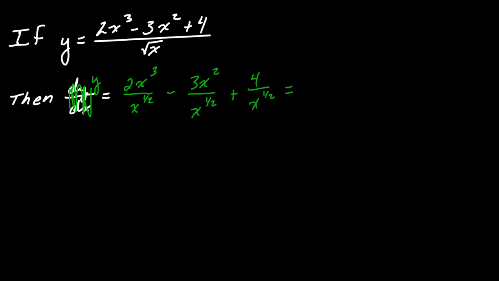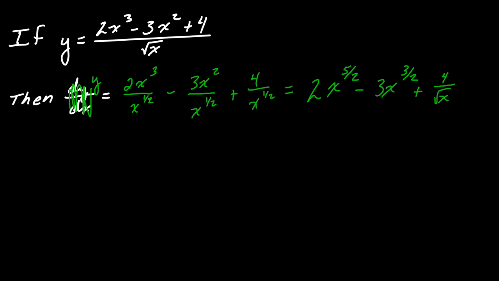All right, so when we do that, you're going to get 2x raised to the 5/2 power minus 3x raised to the 3/2 power plus, and then this one we would keep it as 4 over the square root of x, or 4 over x to the 1/2 power.